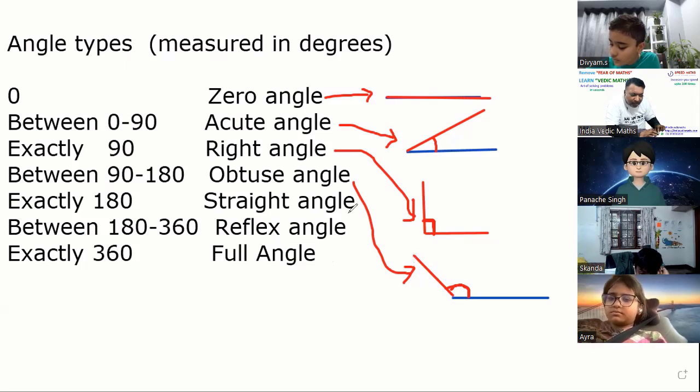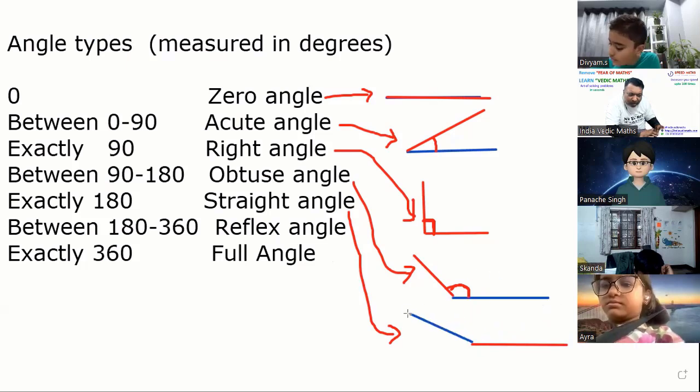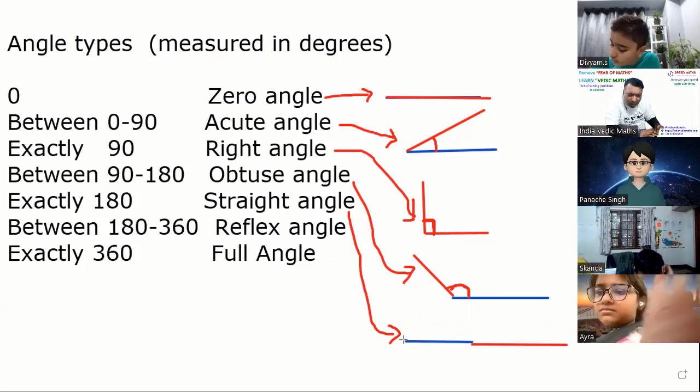How do you see a straight angle? Let's look at the straight angle. A straight angle is nothing but a straight line. This is one line. Let me make one more line. Blue, I forgot. Let's say the blue line is here. You go here, here, here, and then exactly opposite of it.